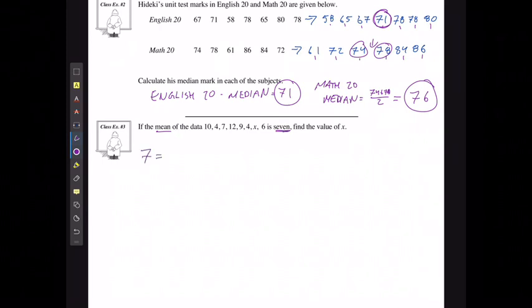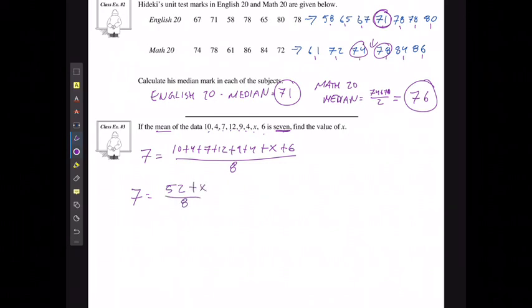It has to equal 10 plus 4 plus 7 plus 12 plus 9 plus 4 plus x plus 6, all divided by, well, there is 1, 2, 3, 4, 5, 6, 7, 8 numbers here. Which means that 7, when I add up all the numbers that I can see here, is going to equal 52 plus x divided by 8.